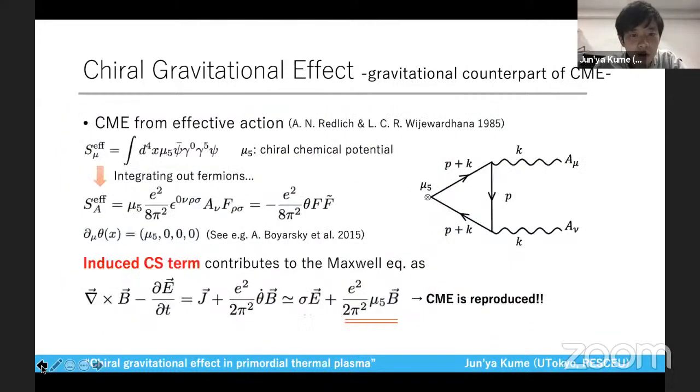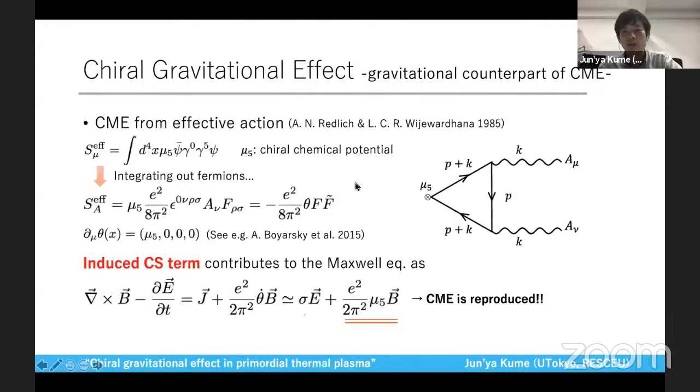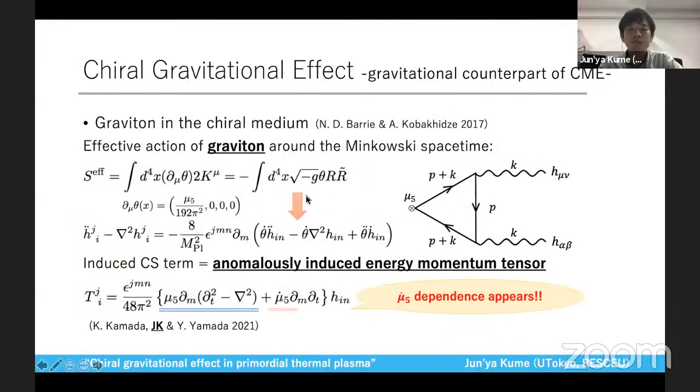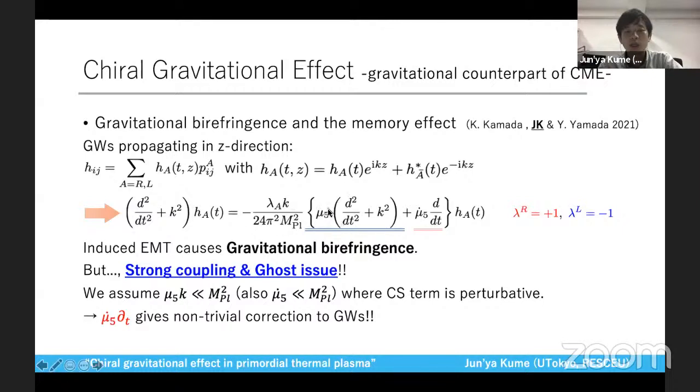In our case, the effect of the asymmetric fermion background results in this gravitational Chern-Simons term. The number of derivatives is different for the gauge field and this gravitational case. In the gravitational case, because there are two derivatives, the induced Chern-Simons term contributes to the factor of the kinetic term of the graviton.